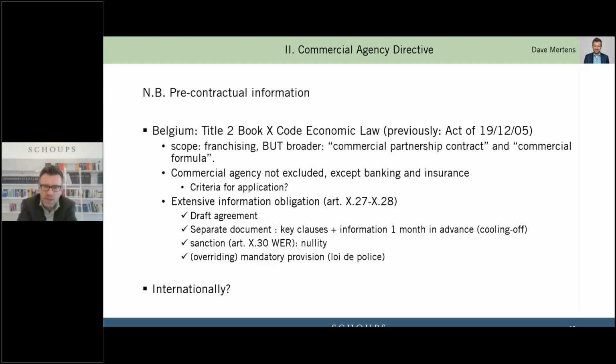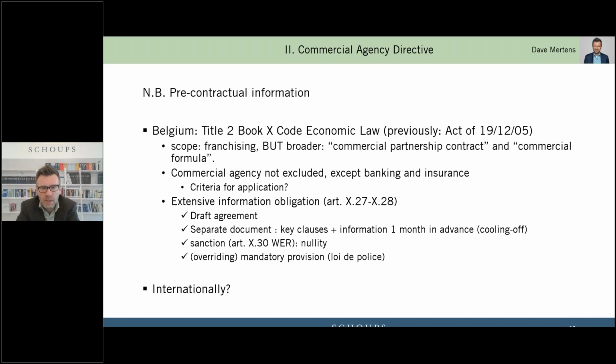If I look at this case, the court ruled that because that commercial agent had a business card with the name of the principal, because he used the email address from the principal, because he was given a lot of brochures and other commercial information to help him sell the product, that was, according to the court in Ghent, enough to qualify him, not only as commercial agency, because that qualification was not under debate, but also as a commercial partnership contract within the meaning of Title II, as opposed to Title I of Book 10 of the Code of Economic Law.